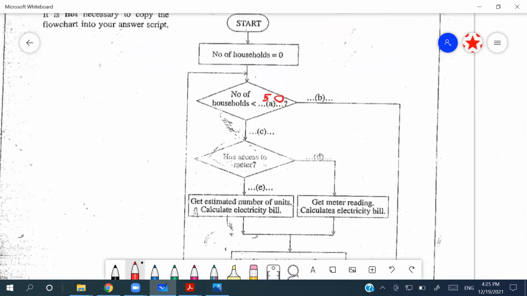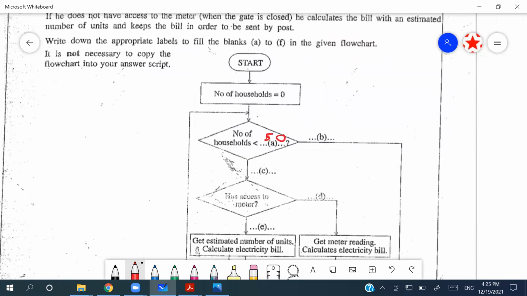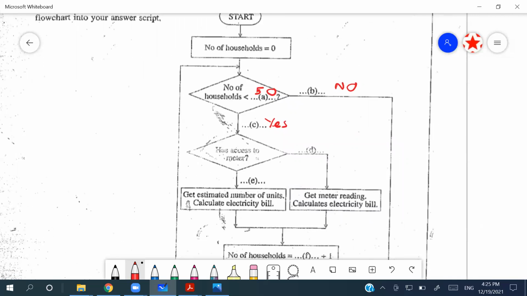Then we have to figure out what is yes and what is no. Definitely this is going to be yes, and this is going to be no. If it is yes, then the reader sees whether he has access to the meter. If it is no, get estimated number of units, get calculated electricity bills.